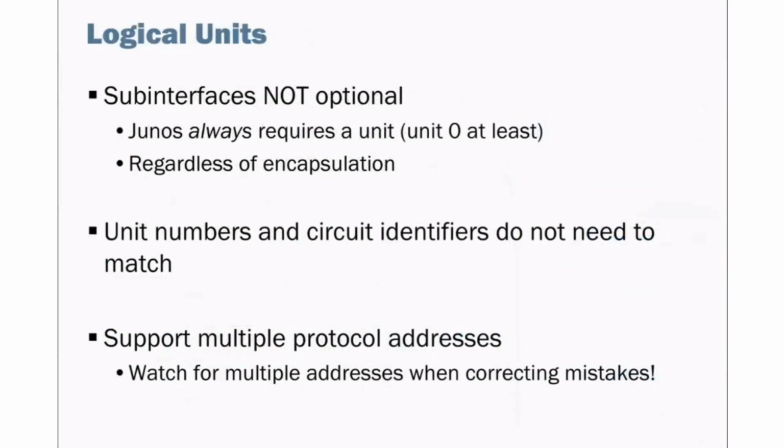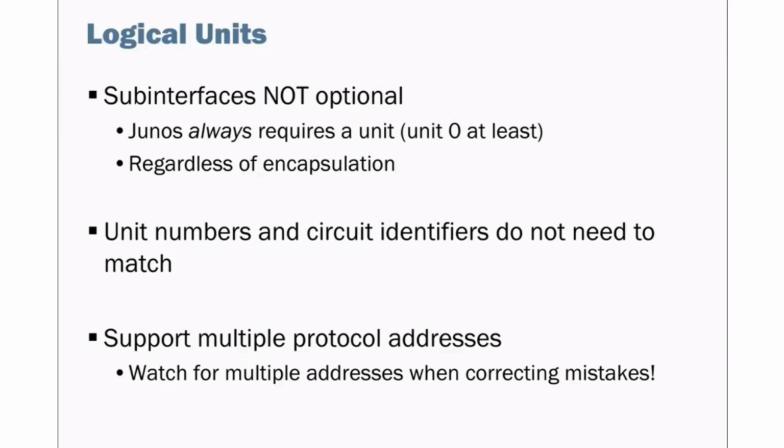Right, so some key points to remember that are a little bit different from what we know in iOS. In Junos, there is always a sub-interface. Okay, that doesn't really make sense if you think about something like a serial link with encapsulation PPP, or an Ethernet interface without VLANs. If there's no VLANs, how does it make sense that there should be a sub-interface, a unit number?